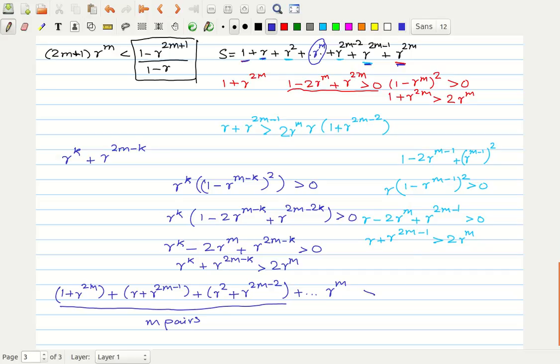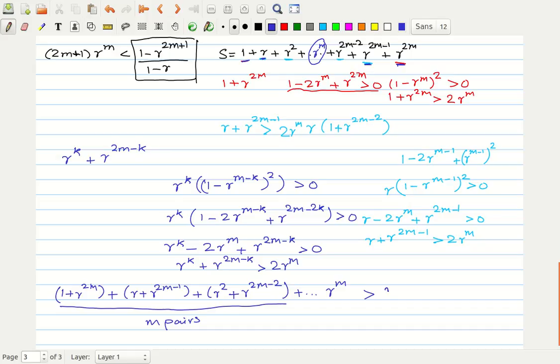Now this is greater than 2 times r to the power m. This is also greater than 2 times r to the power m. This is also greater than 2 times r to the power m.